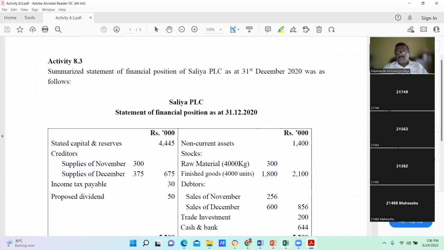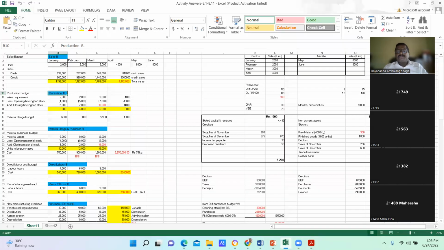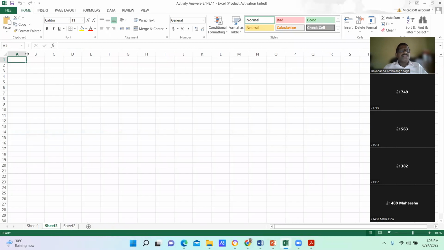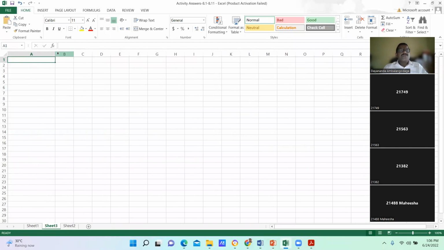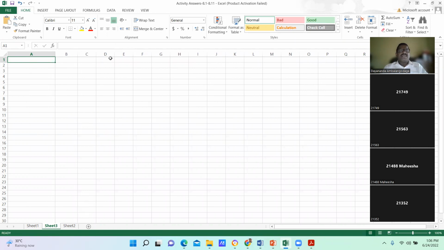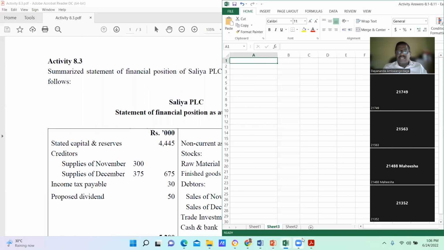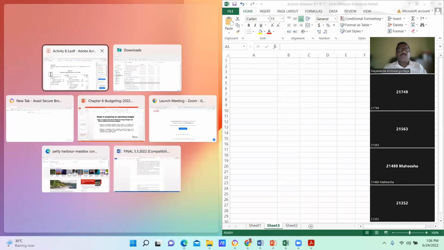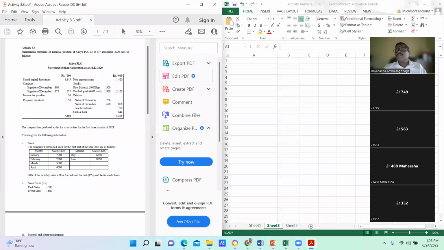What I will do is use an Excel sheet. I hope you can see the Excel sheet. I have the answer, but I thought of doing the answer in the Excel sheet, and meanwhile I will have the question also with me.